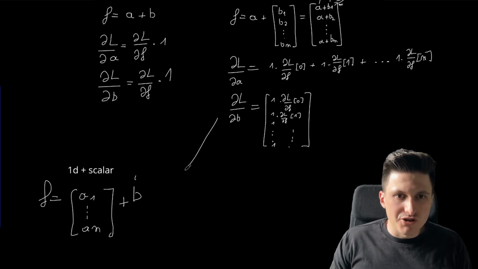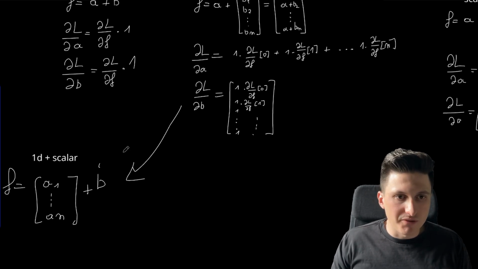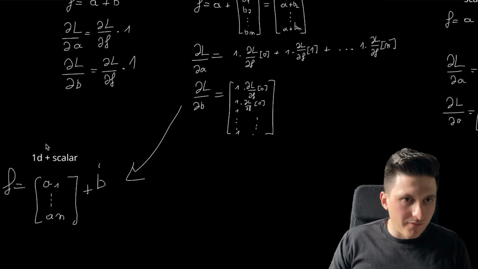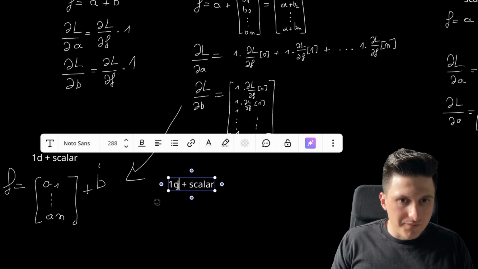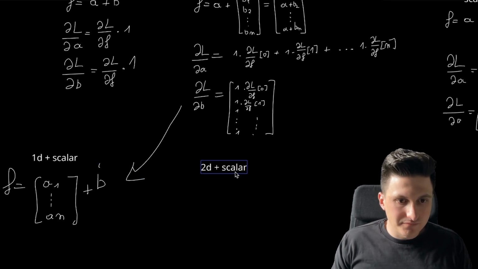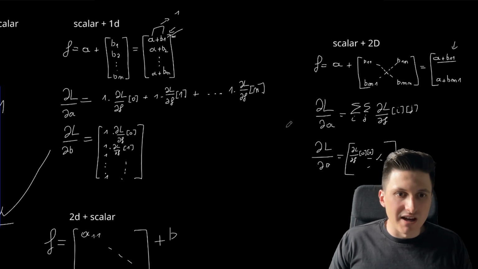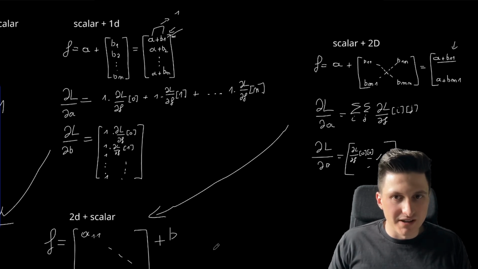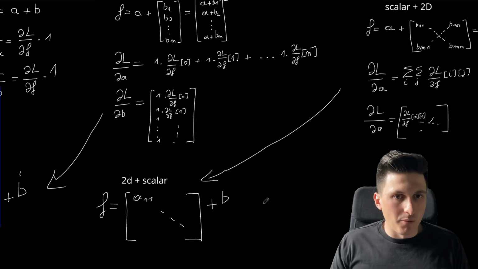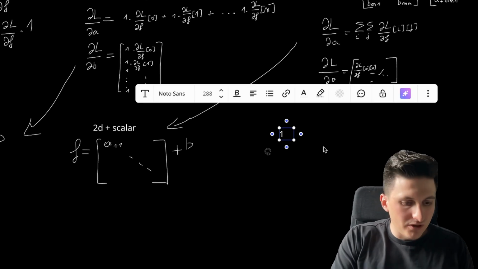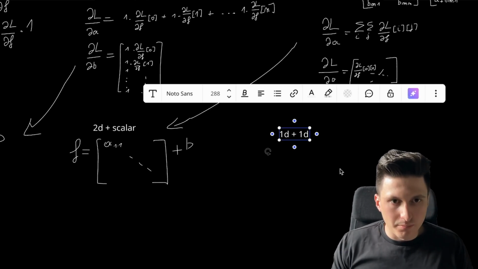But this will be just the same as this one, except with a and b swapped, and the same for 2D plus scalar, where f is a matrix, and b is the scalar. This will just be the same as scalar plus 2D, but with a and b swapped, so I will not repeat that.